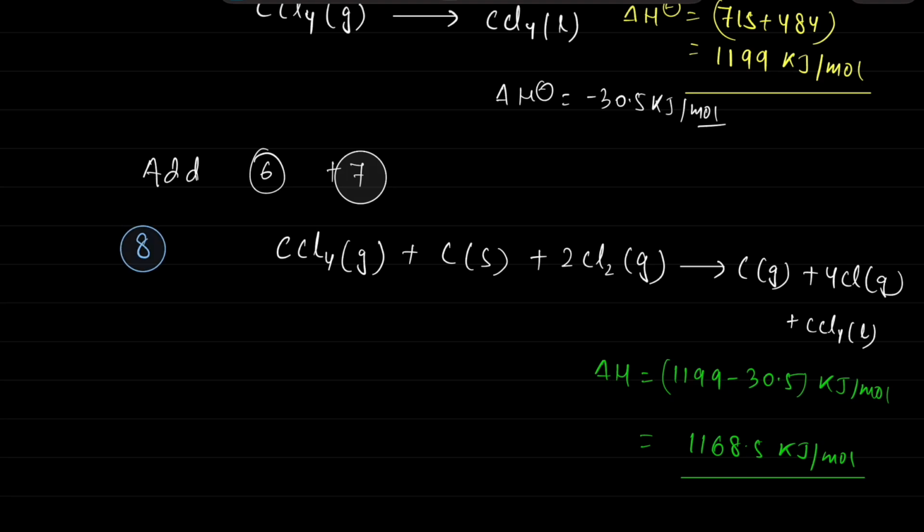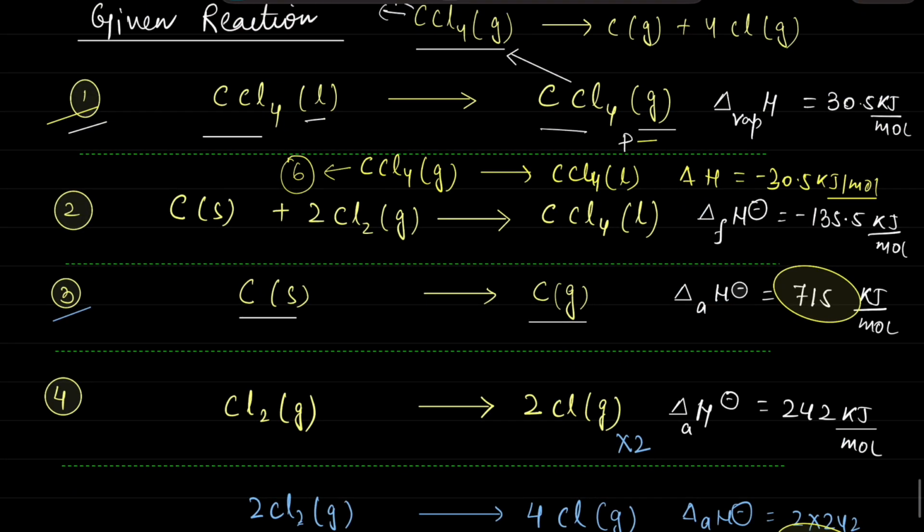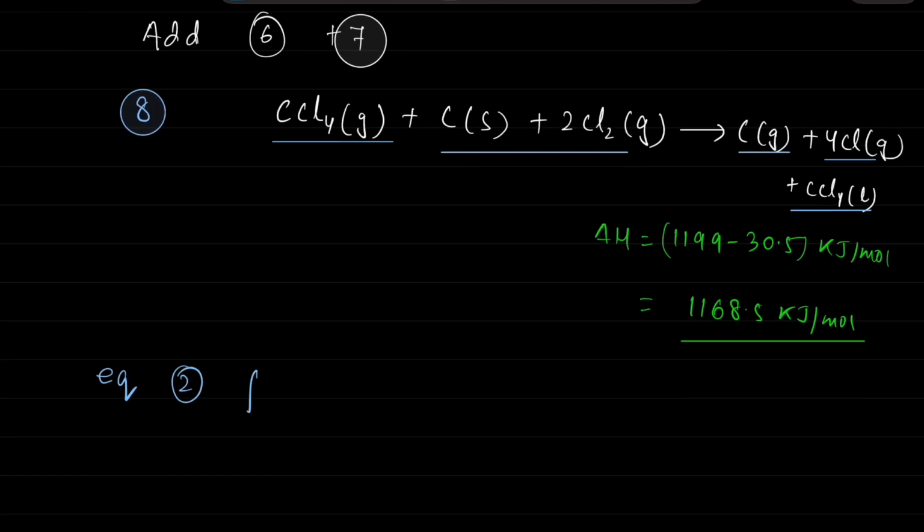Now, according to the question, we need only CCl4 in the gaseous state, carbon in the gaseous state, and 4 chlorine in the gaseous state. So the other things we have to remove. If you see reaction number 2, we have carbon solid, 2Cl2 and CCl4. So we need to subtract the 2nd equation from equation 8.